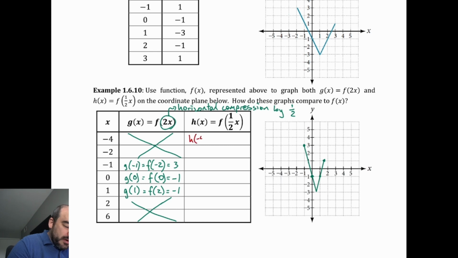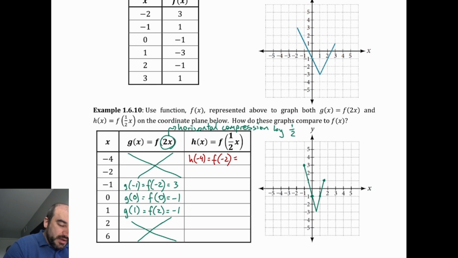H of -4 will be f of -2 because we're multiplying that by 1/2, which on the original table is a 3. And h of -2 will be f of -1 because we're multiplying by 1/2, and then that from the original table is 1. This one's not going to show up on the original graph because there is no f of -1/2.